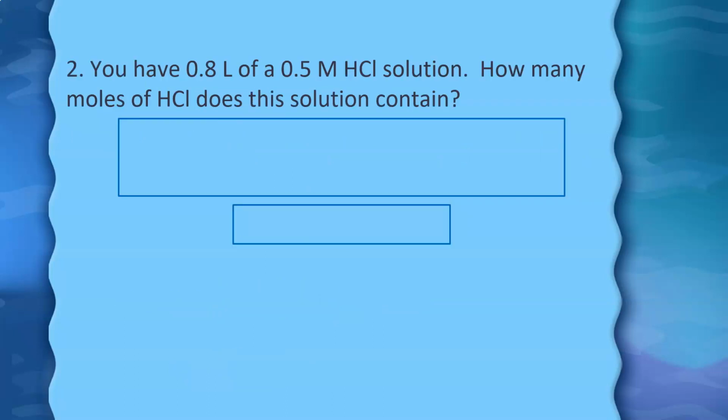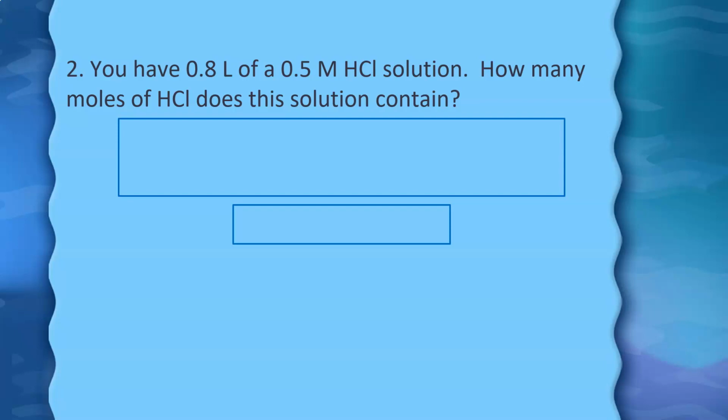So here's another really common way of applying molarity, and this is exactly what we did in our acid-base calorimetry lab. In this case, I have a volume and I have a molarity, and I want to find out how many moles of HCl was in that solution.